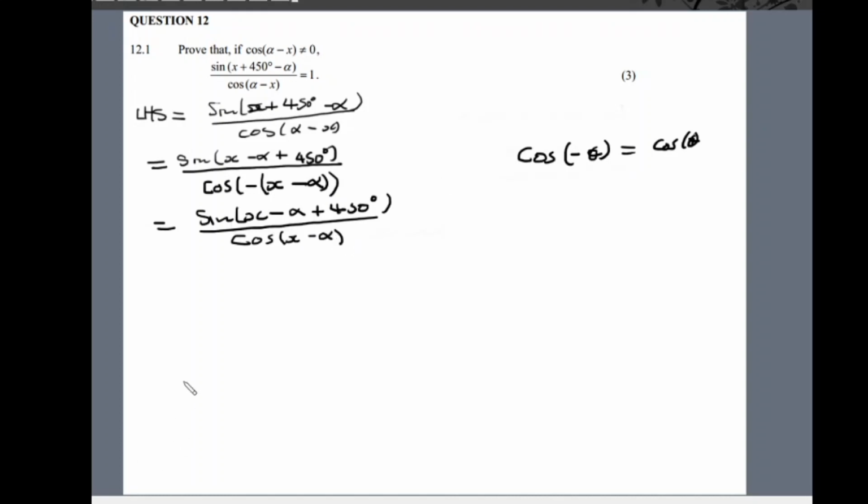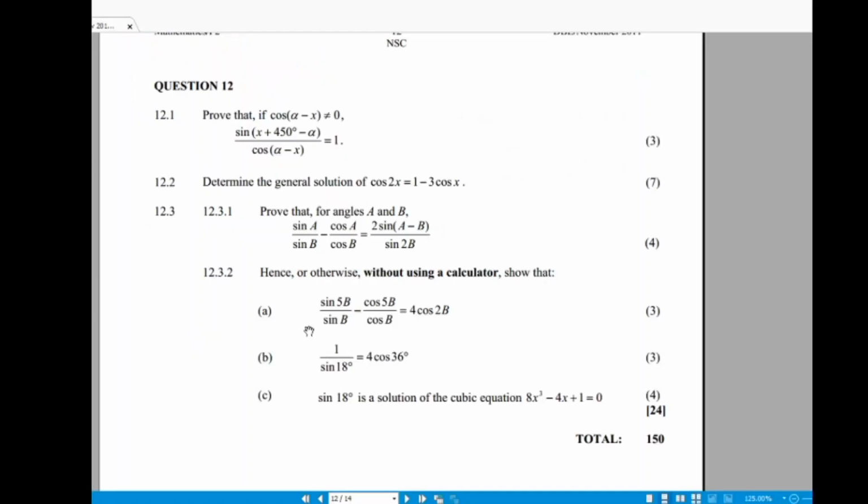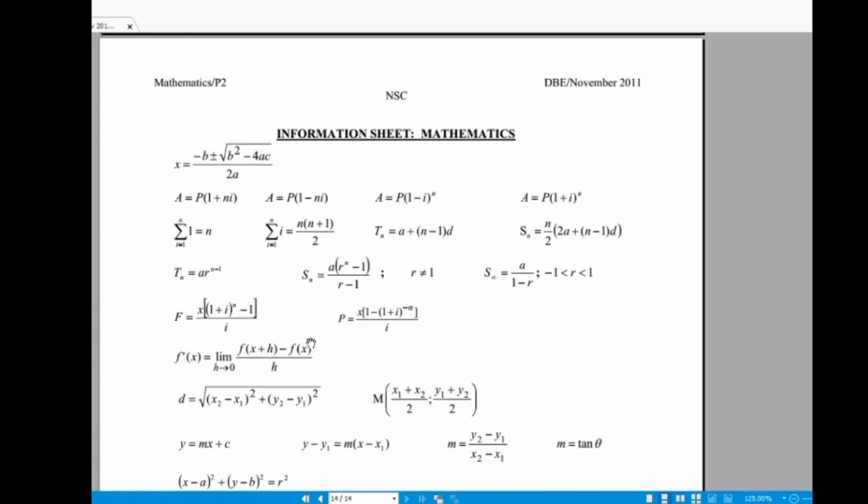Okay, so now sino cos x minus alpha. So now ku numerator yethu sizosebenzisa i-identity from formula sheet yethu.